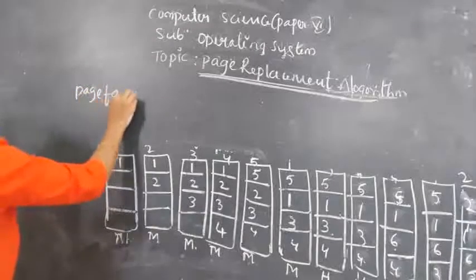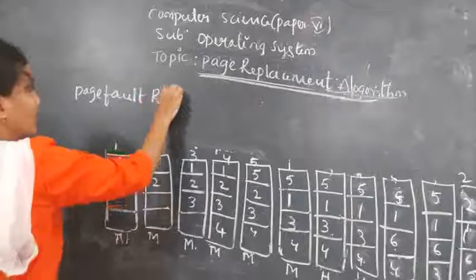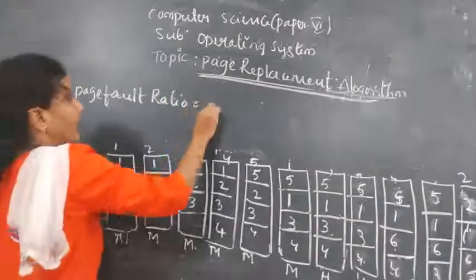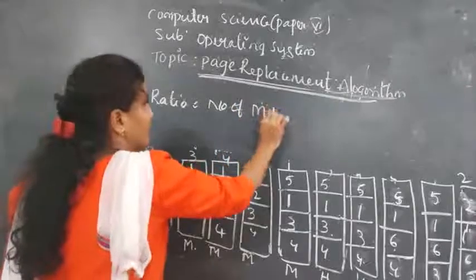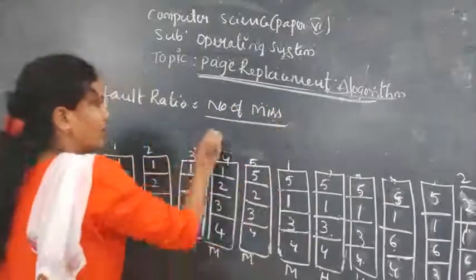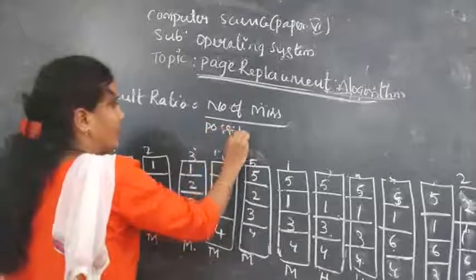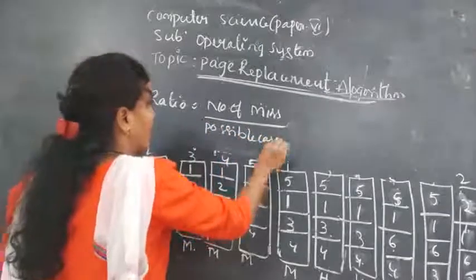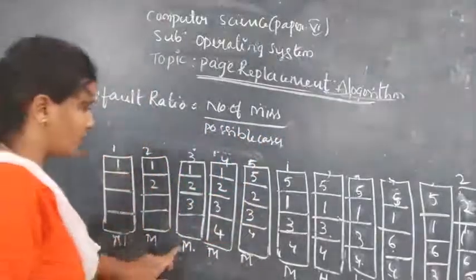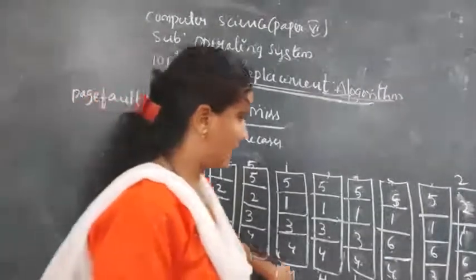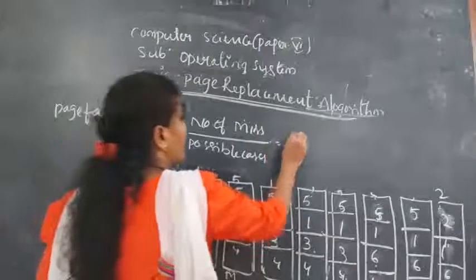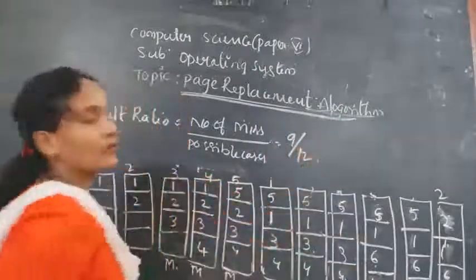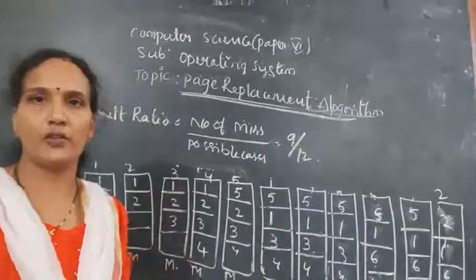Page fault ratio equals number of misses by possible cases. Here number of misses equals 1, 2, 3, 4, 5, 6, 7, 8, 9. 9 by total possible cases, which is 12. You calculate the ratio. Understood?